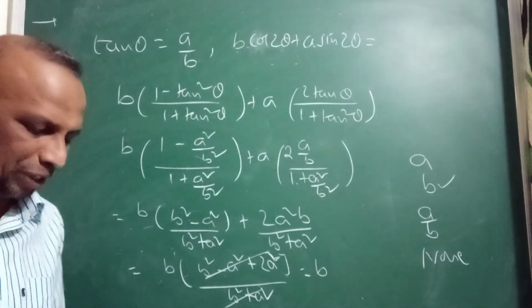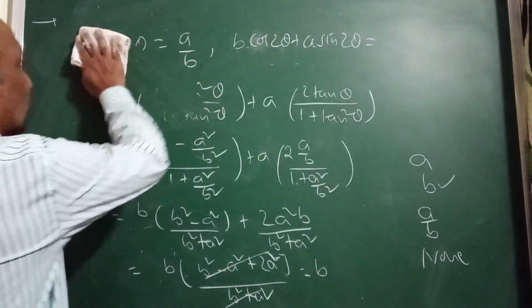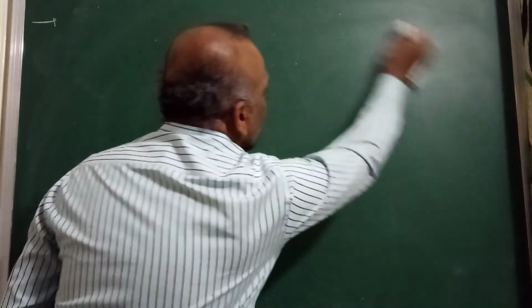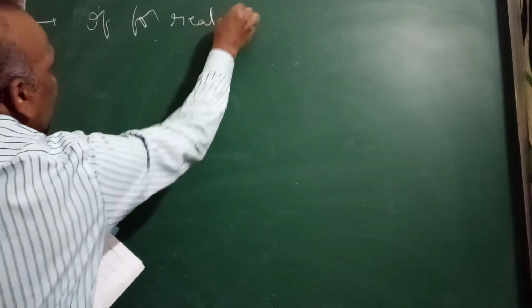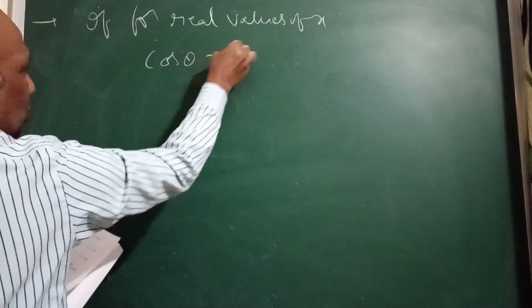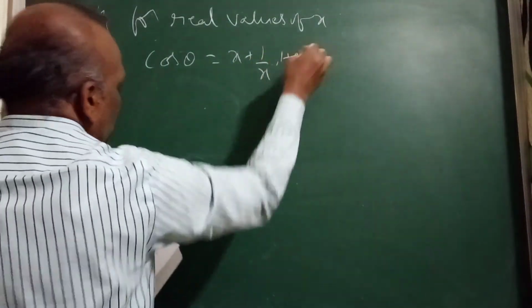The last problem, the 15th one. If for real values of x, cos theta equals x plus 1 by x, then the options are given.